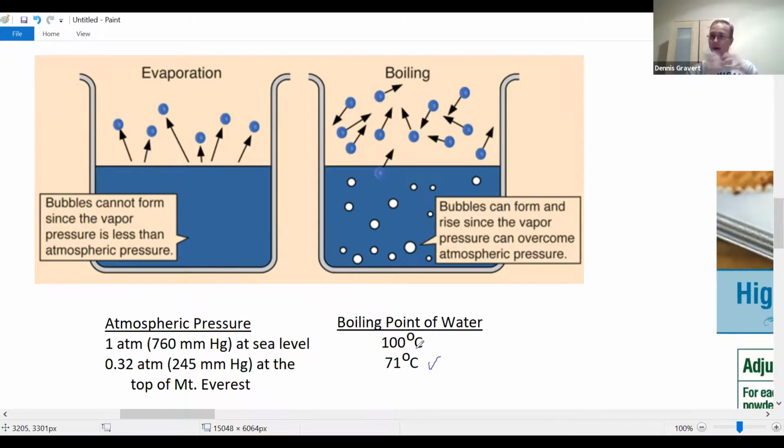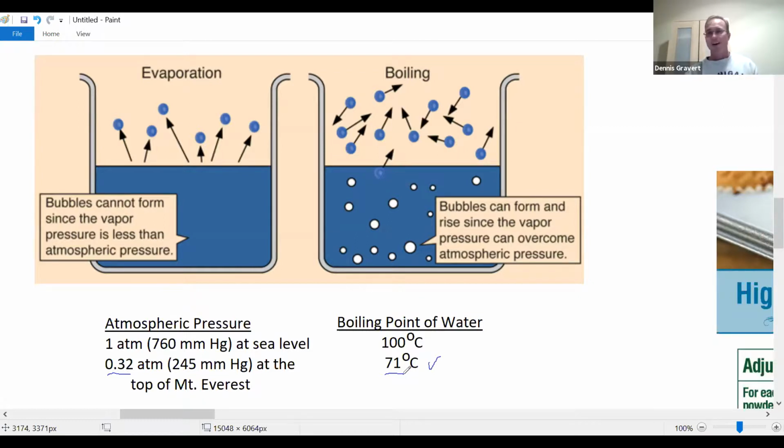Now they can evaporate fast enough to push the liquid aside to make a steam bubble, because the air pressure is pushing down the liquid water with less force. There's less atmospheric pressure. It's been measured to be 0.32 atmospheres. And so water boils at a lower temperature at higher elevations.